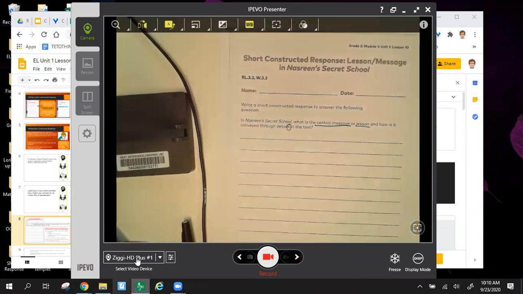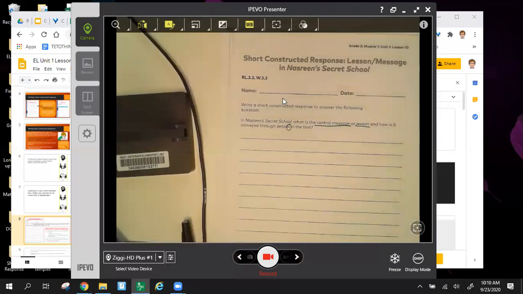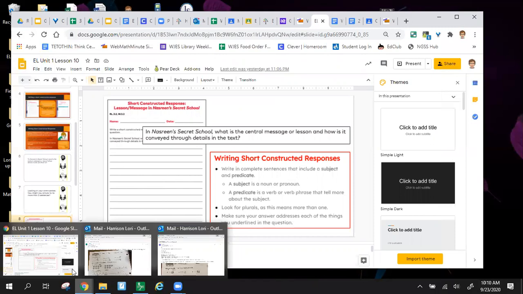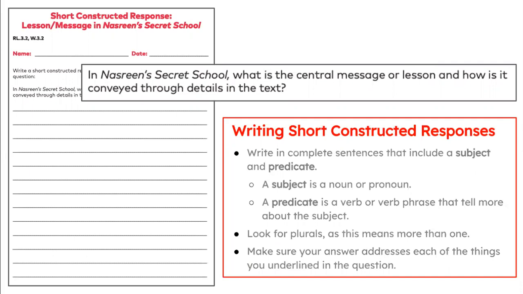Keeping that in mind with our work today, we are going to be doing short constructed responses. So complete sentences, right, friends? Just reminding us of the rules. Complete sentences that include a subject and a predicate. Should you just say, went to a secret school? What's missing in that sentence?